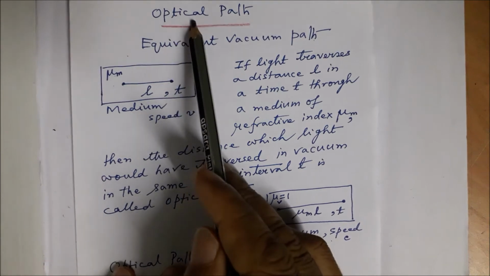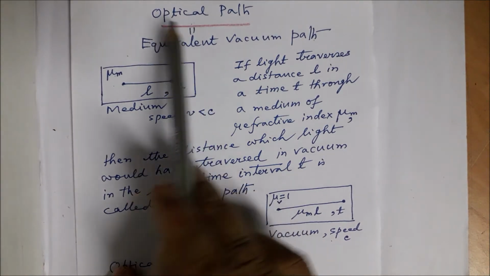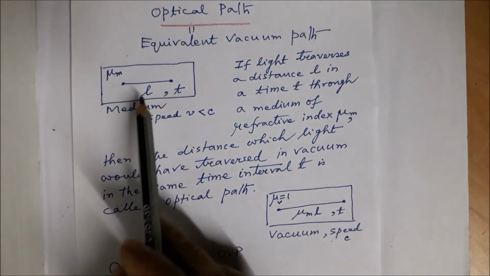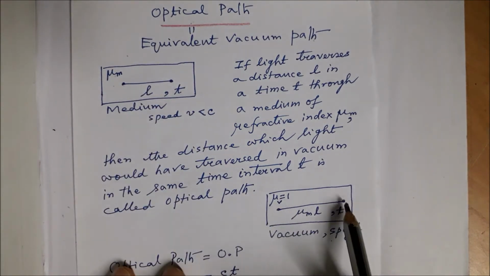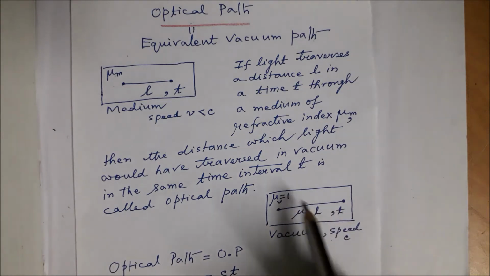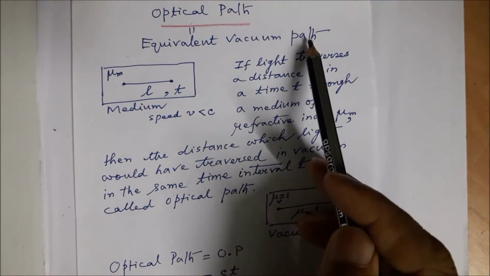Now optical path refers to the distance in vacuum which light would have traveled in the same time t, and therefore it is called equivalent vacuum path.